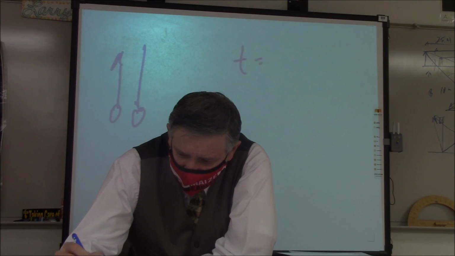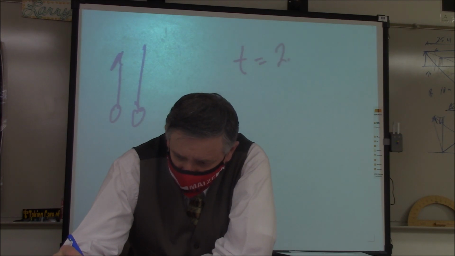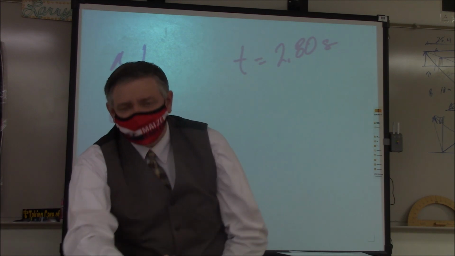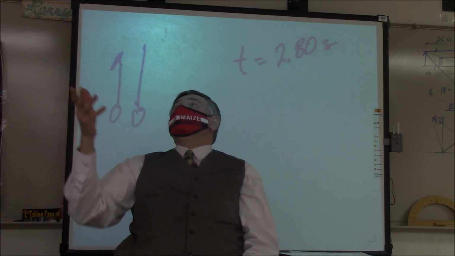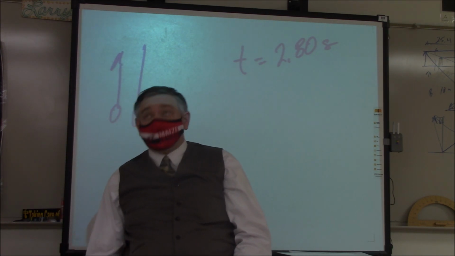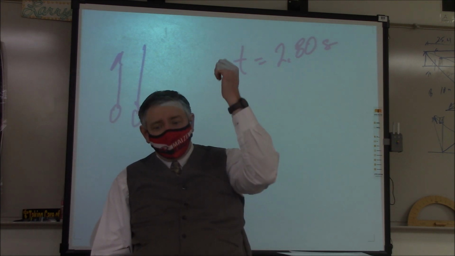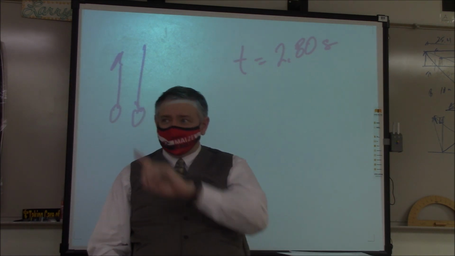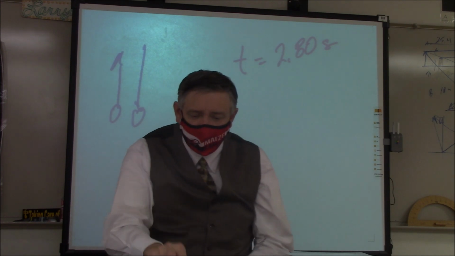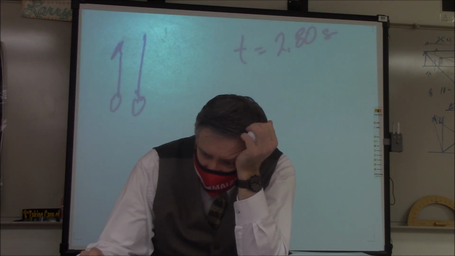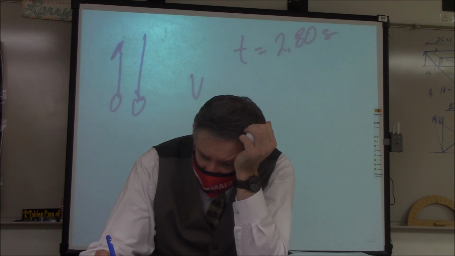And let's say that my total time was 2.80 seconds, okay? So from the time that I let go of it until it lands back in my hand, 2.80 seconds. That's the only number that I know.